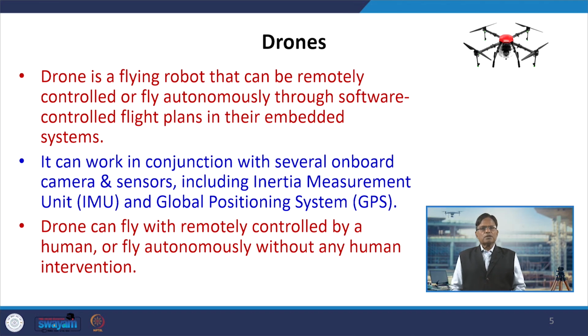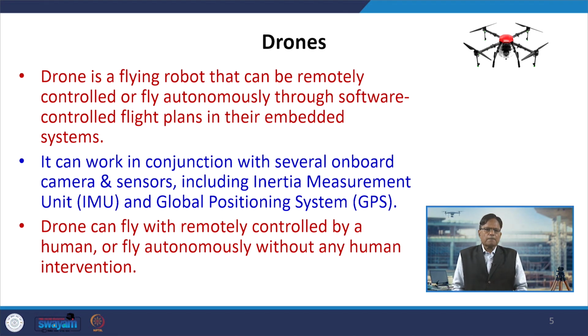Now, a drone is a flying robot. It is either remotely controlled with a controlling device by an operator on the ground, or the second category is flying autonomously through software controlled flight plans. So, we have either software based flight planning where it can fly autonomously, or we control it with the help of the controller.